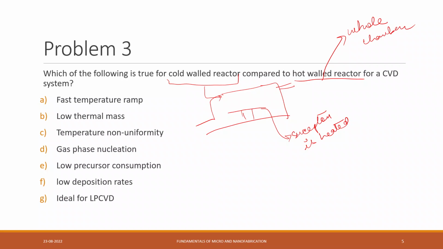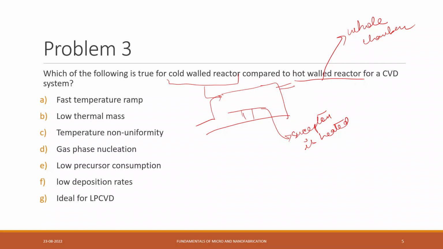The first option is fast temperature ramping. You can see that in cold wall, only the receptor is heated, while in hot wall, the whole chamber is heated.